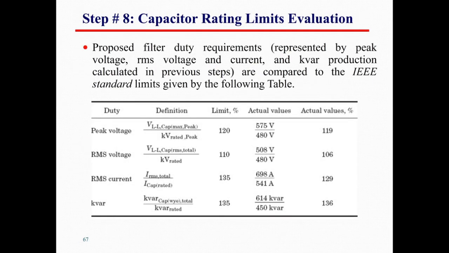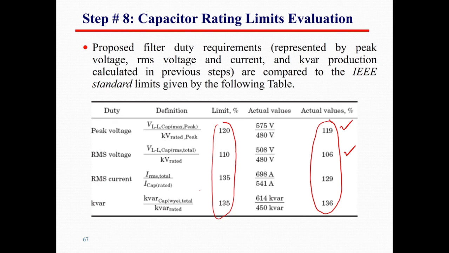Now we can compare the standard as specified by IEEE with what we obtain from this problem. With regard to peak voltage, we are in line with the standard. With regard to root mean square voltage, we are in line also.